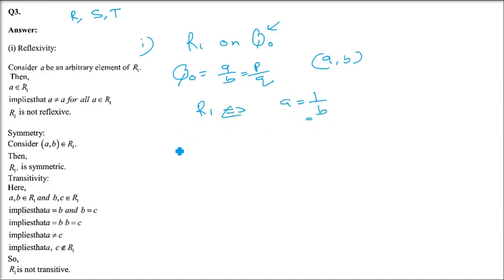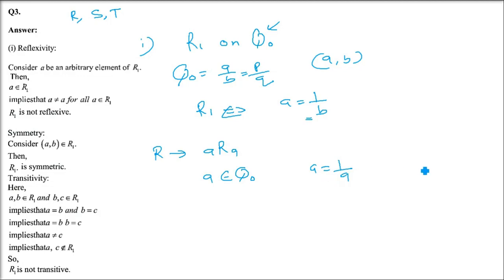So let us start with the first one, reflexive. Reflexive means A should be related to A. In any condition of this kind, just replace B by A and find out whether it holds or not. Is A equal to 1 by A? No. Is 2 equal to 1 by 2?